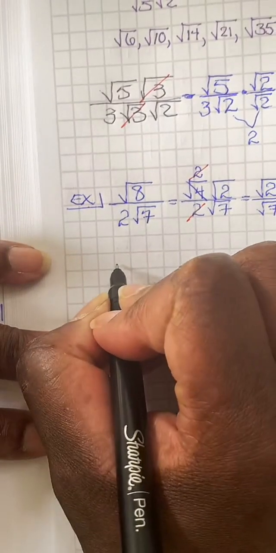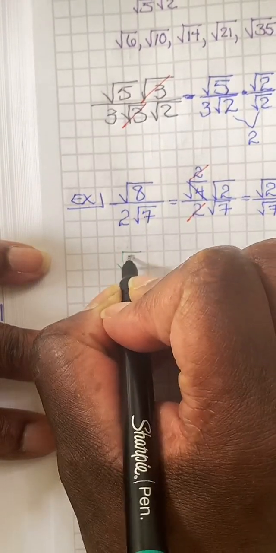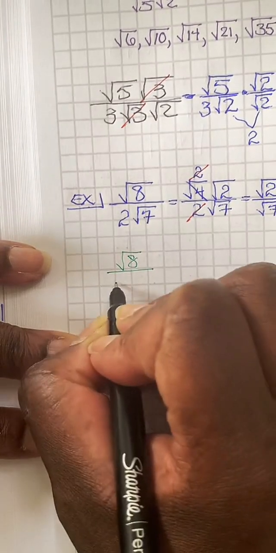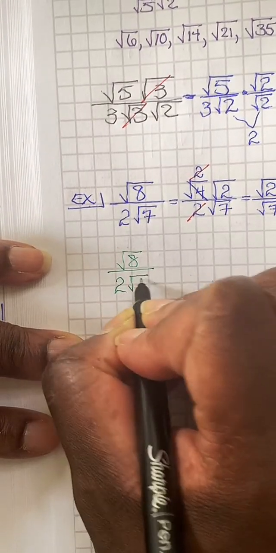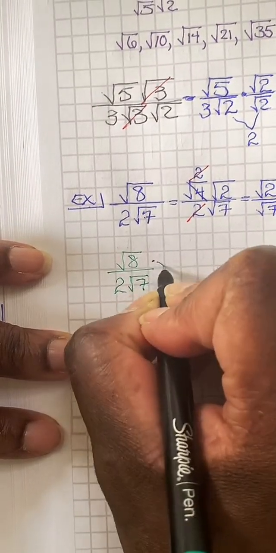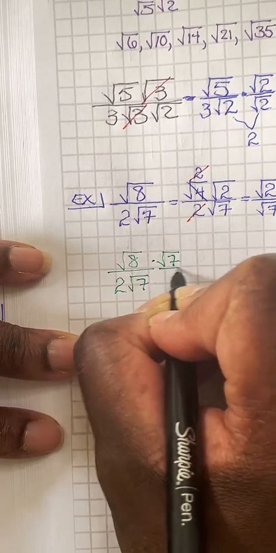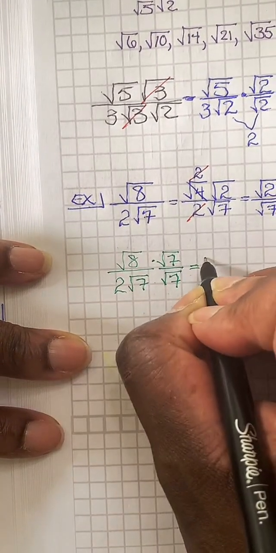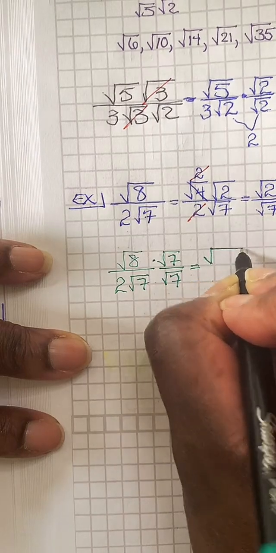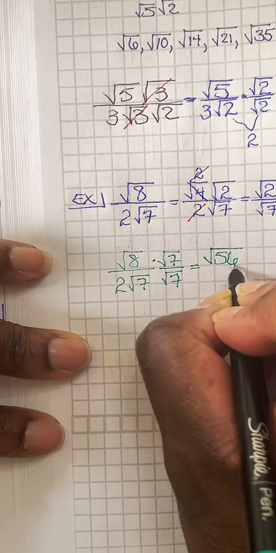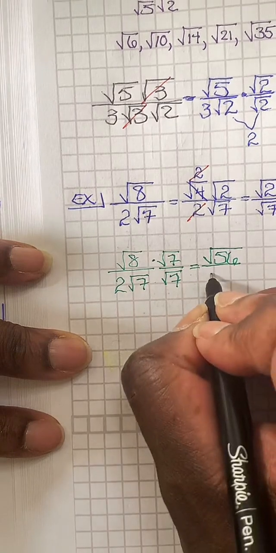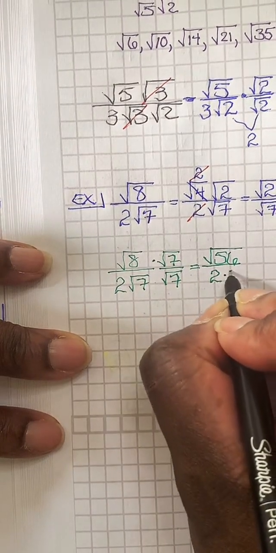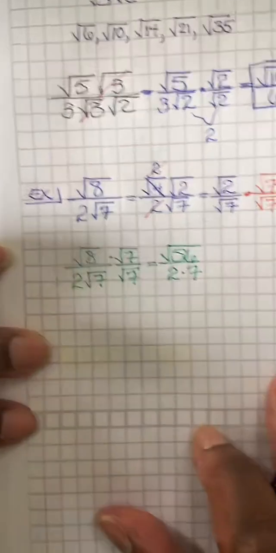So if you did it this way, multiply this by square root of 7, multiply this by square root of 7, you do get the square root of 56 over 2 times 7.